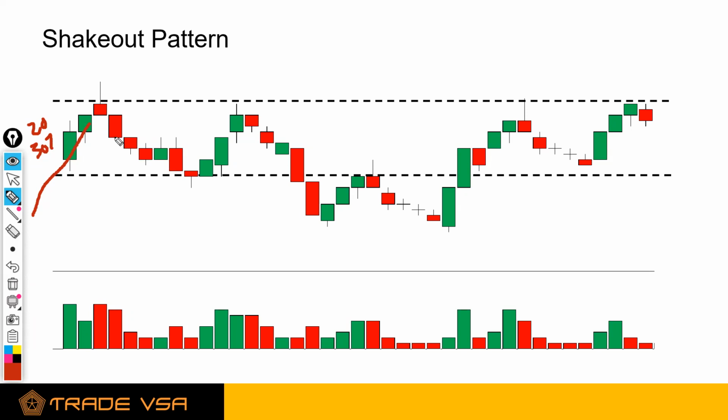Okay, the resistance starts when you see an upthrust with high volume over here. This is telling you that maybe a growth seller is coming in, there will be resistance coming in, and the market stage tends to change, for example from markup to markdown, or maybe markup to sideways reaccumulation.